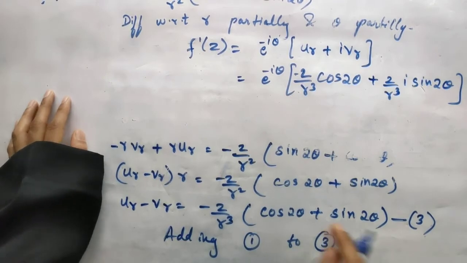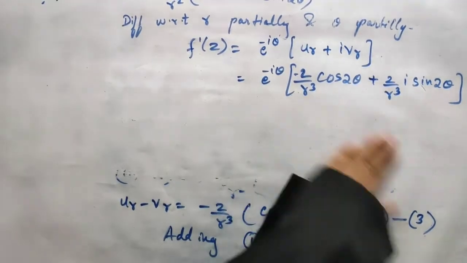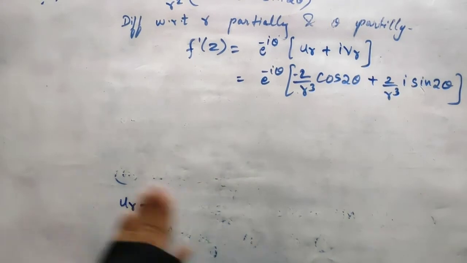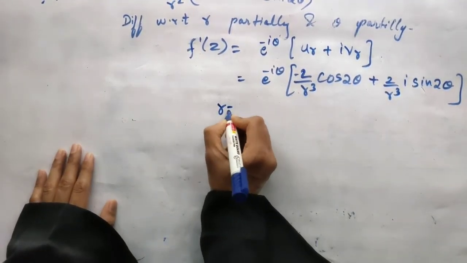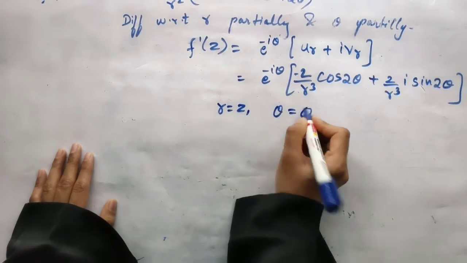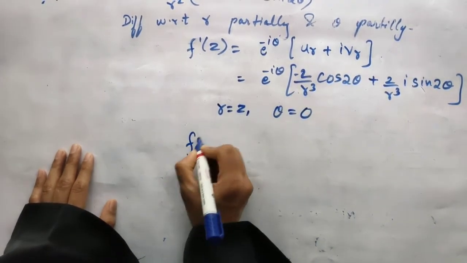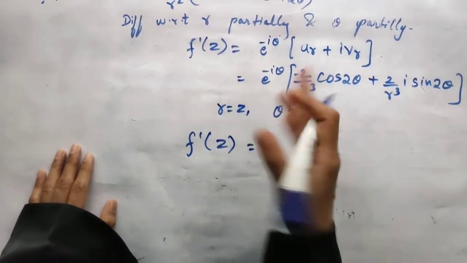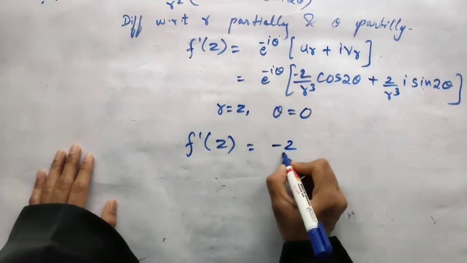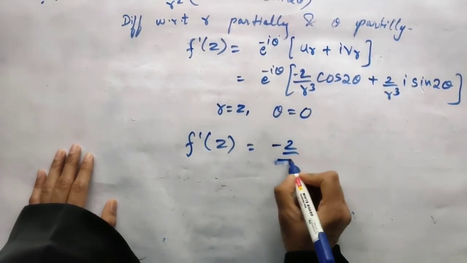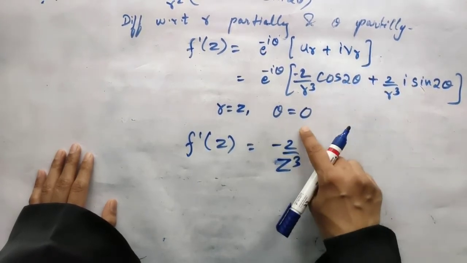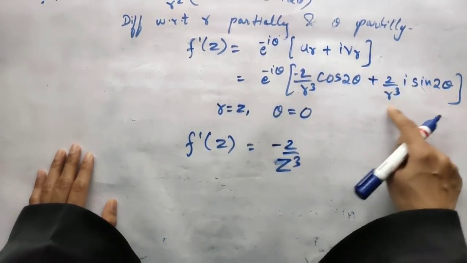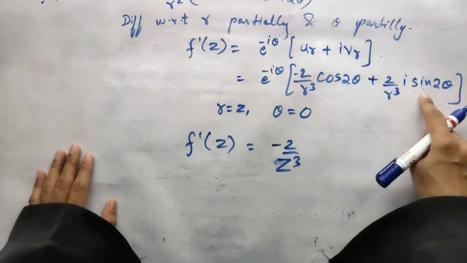Now in this, by Milne-Thomson's method, to get the equation in terms of z, what do we do? You put r as z, theta as 0. If you do that, f dash of z will be e to power 0, which is 1, so I need not do anything, minus 2 by z cube, because r is z, cos of 0 is 1, plus 2 by z cube, i sin 0.